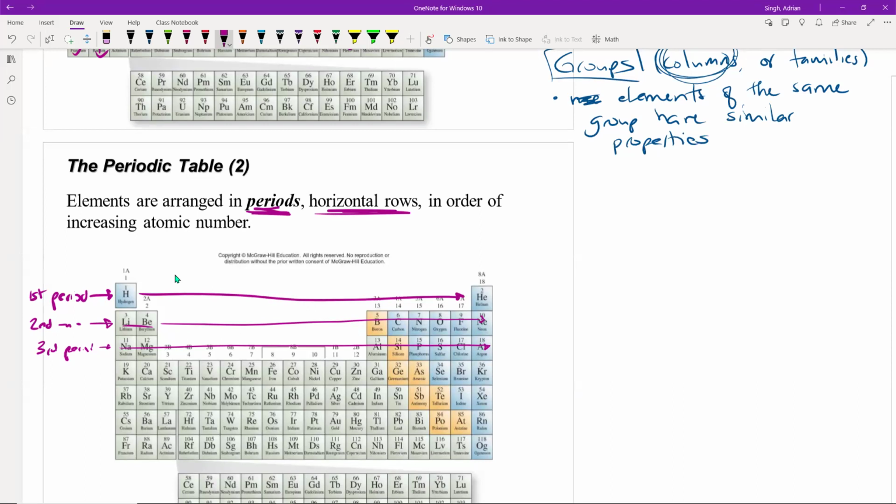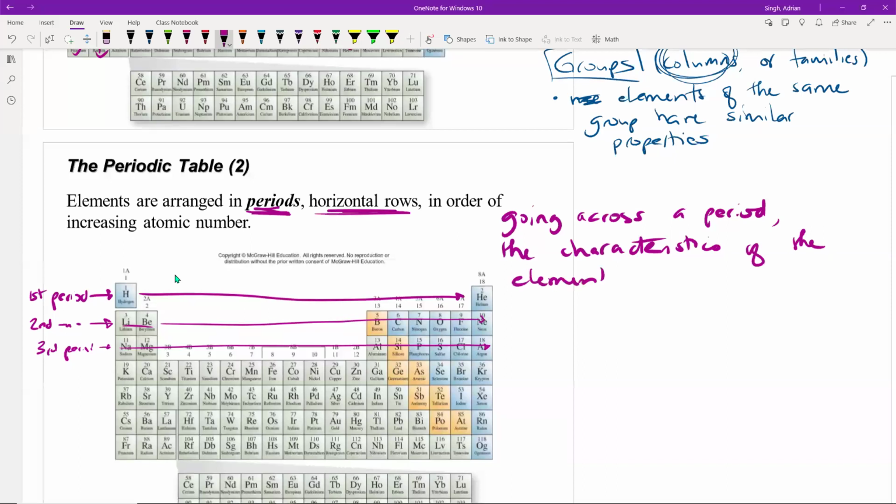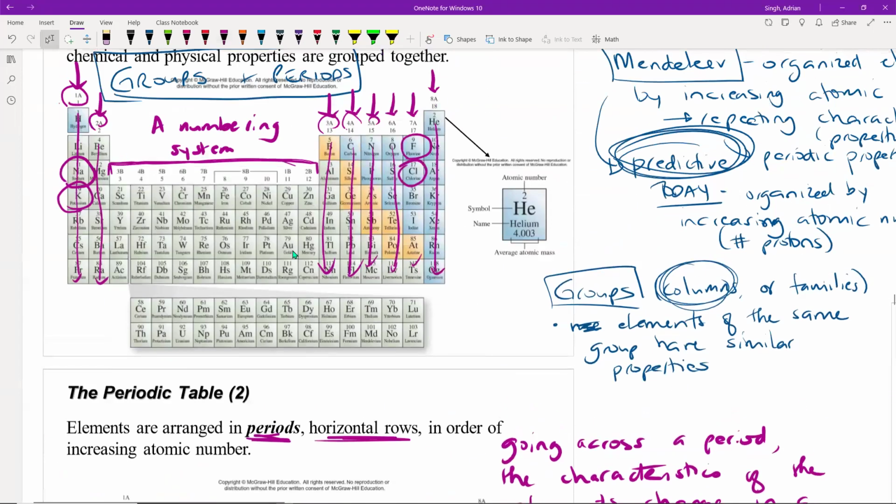And what they found, again by organizing the elements by increasing atomic number, is that as you go across a period, the characteristics of the elements change in a predictable way. Remember, elements in the same group have similar characteristics.